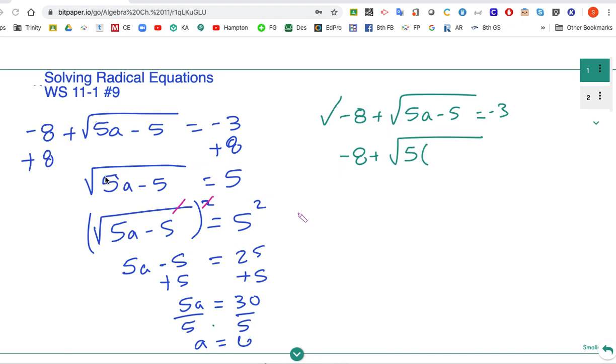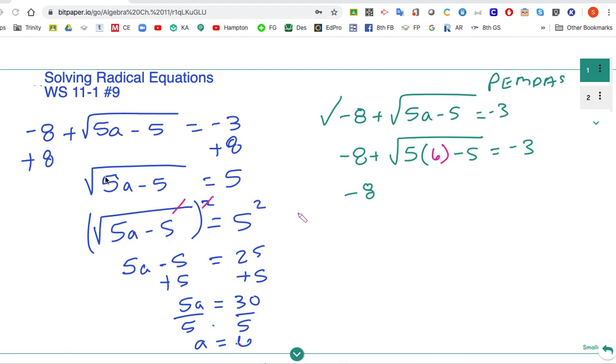Now we know that our a is 6, so we're going to plug that in. Minus 5 is equal to negative 3. Now remember that when we're checking, we always use PEMDAS. So we're going to just simply simplify as we go.